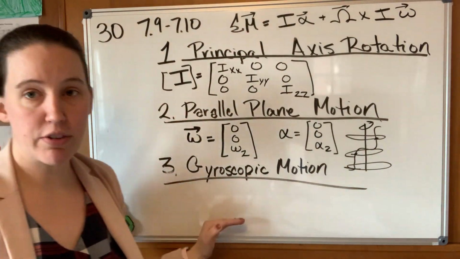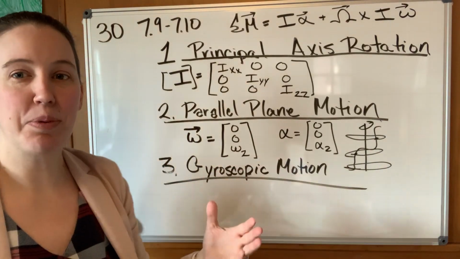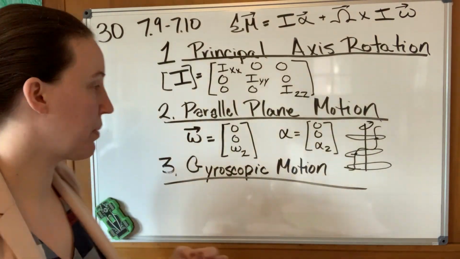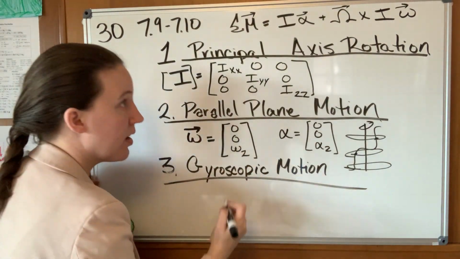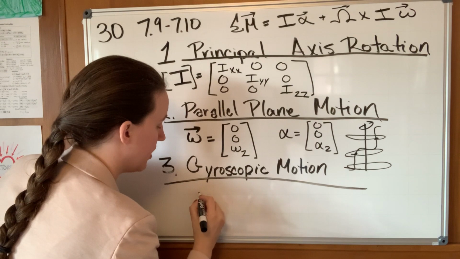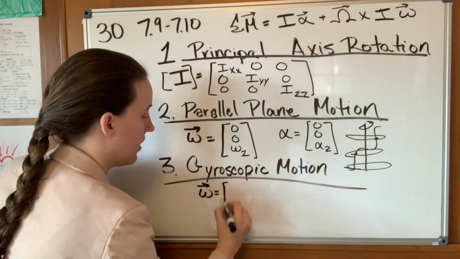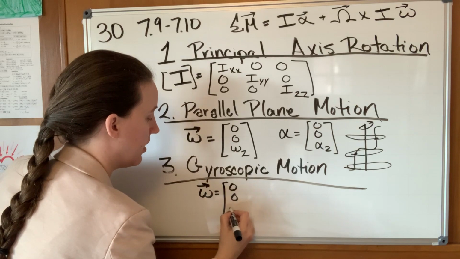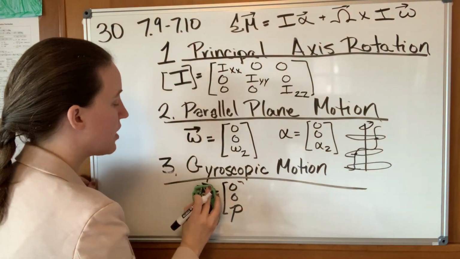And now finally, gyroscopic motion. Gyroscopic motion is the most fun, but it's almost a little bit harder to think about. We are talking about gyroscopic motion when we have some spin velocity.